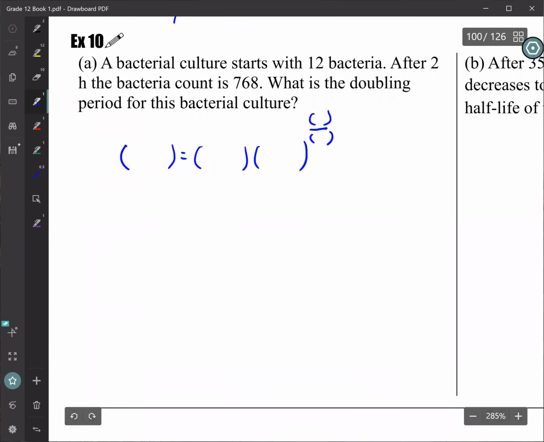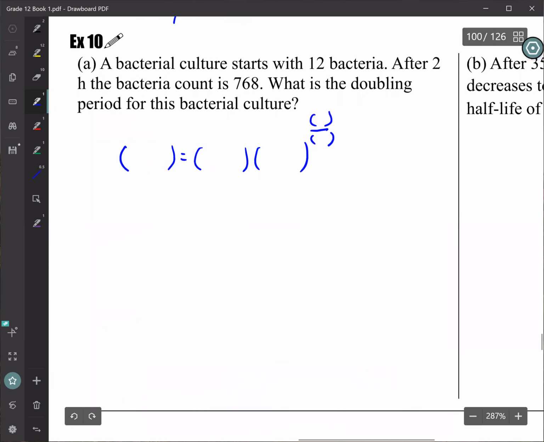We'll check if you get the right thing in the blanks. If you put the wrong number in the wrong place, then there's no point moving on, right? You got to make sure your initial step is correct. So think about which number goes where, right?